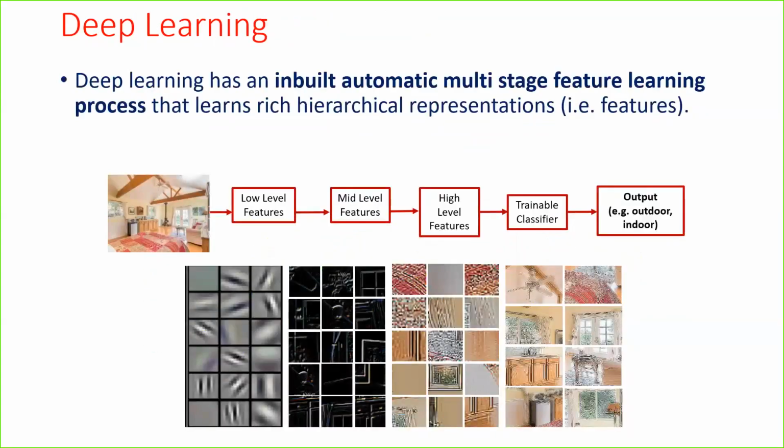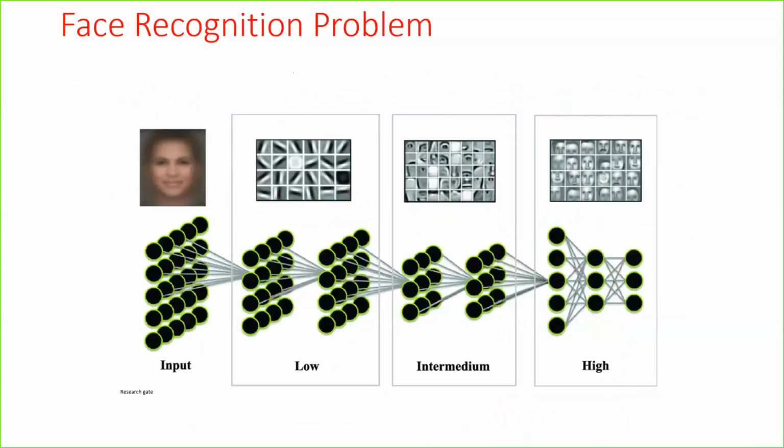So from the low level features, it extracts the mid level features. From the mid level features, it extracts the high level features and uses the high level features to make a prediction or train a classifier. Similarly, if you take the face recognition problem, low level features could be the pixels or edges, intermediate features could be parts of the face, and high level features could be the face.